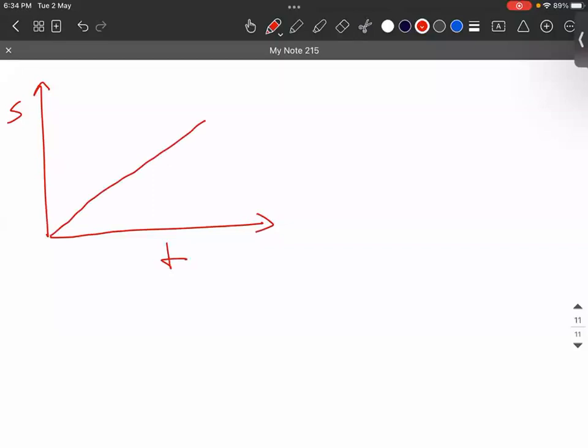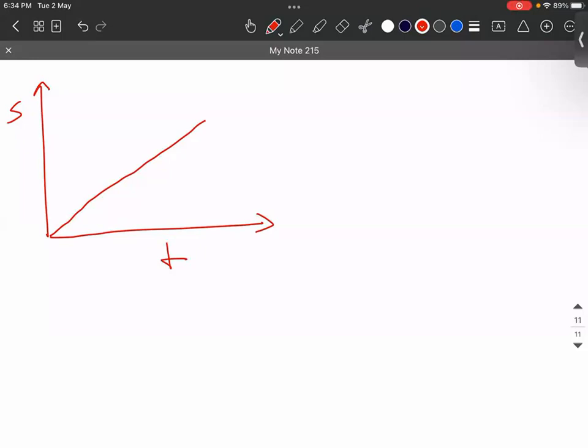So what is going to be my slope here? What is my y here? S. So ds by dt. Which is y-axis? Which is x-axis? Now think.